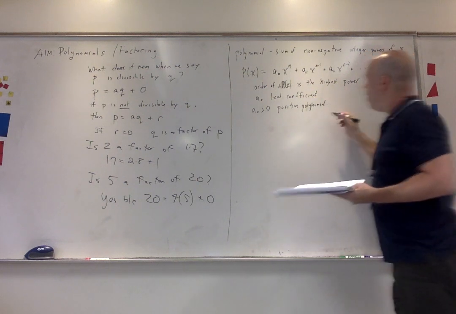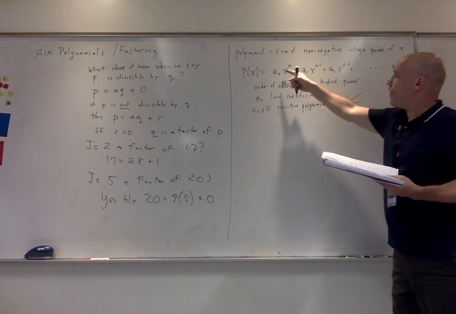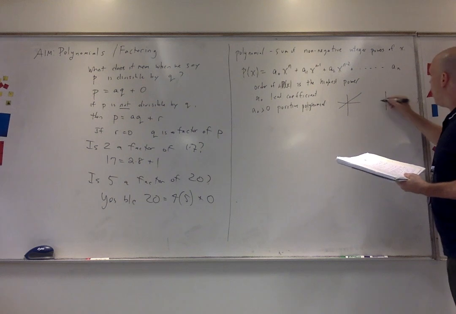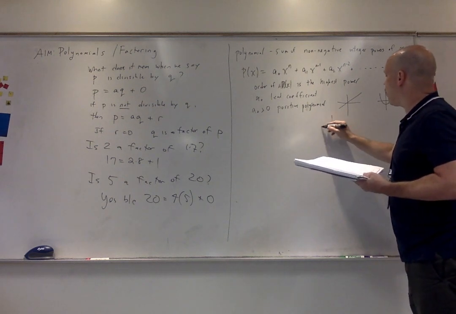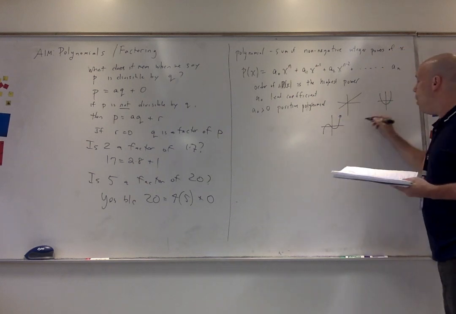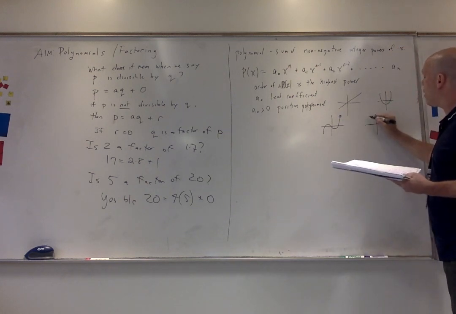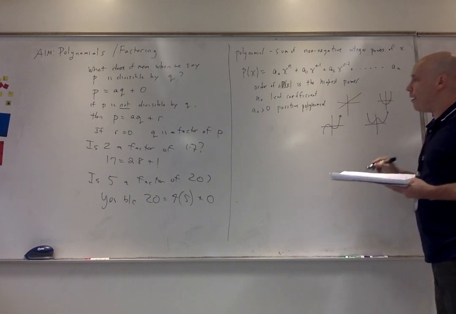It's like the smile in a parabola. This is going to result in a cubic that goes off to positive infinity, or a quartic that goes off to positive infinity.